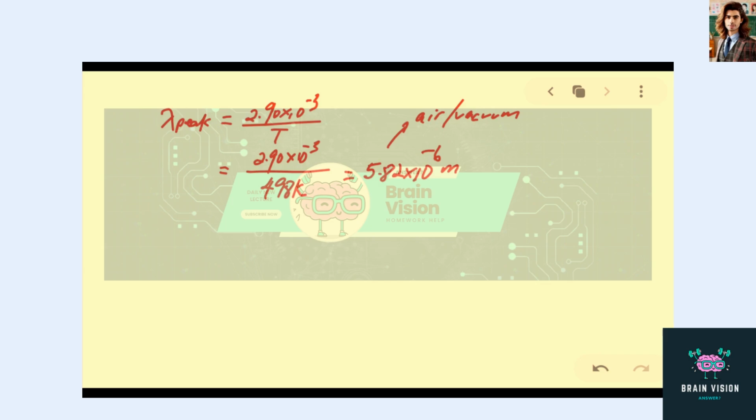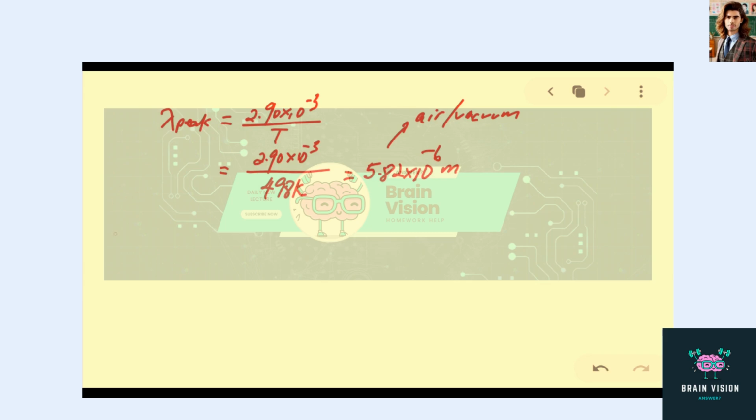The reason is the presence of water molecules that would slow down our light, causing it to change its wavelength due to refraction of the light.